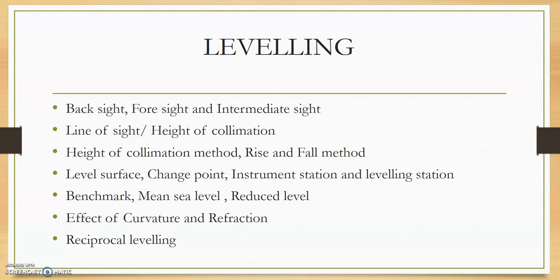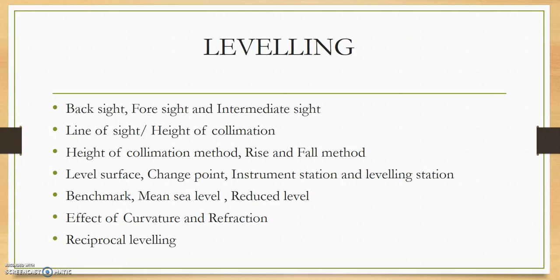Foresight is the last reading taken on each instrument station. Intermediate sight is nothing but the intermediate values between the backsight and the last one.